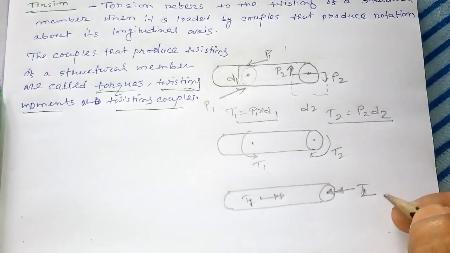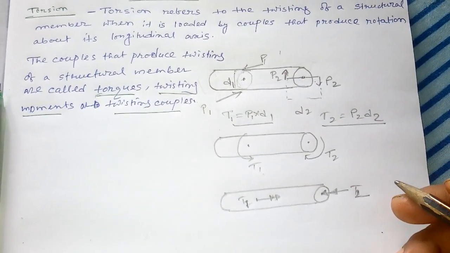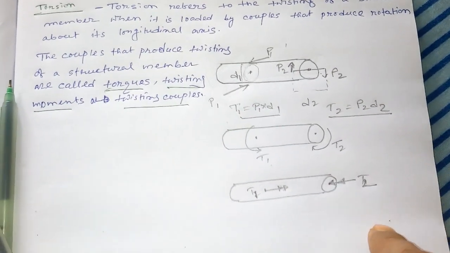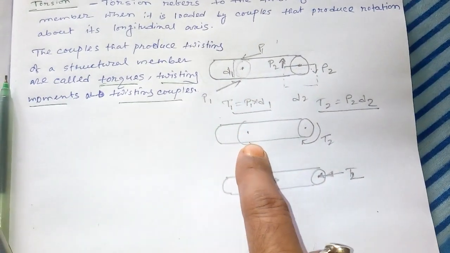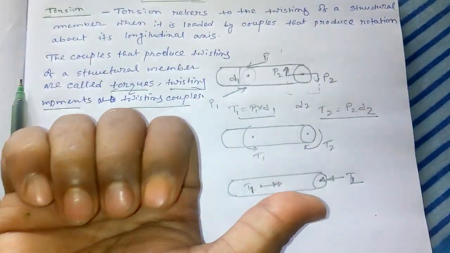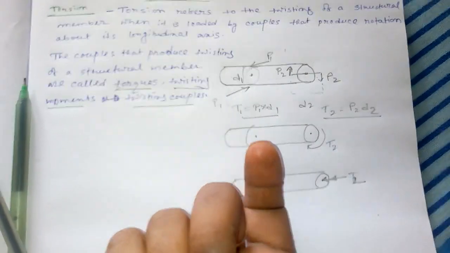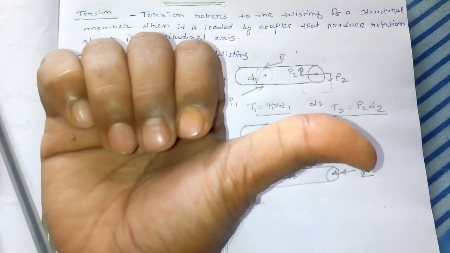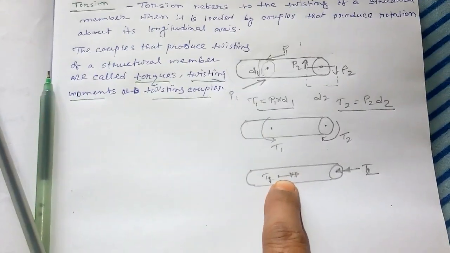We can indicate this with the double-headed arrow using the right hand rule for moment vectors. Suppose for this moment we indicate with the right hand, then this gives the anti-clockwise moment. If we indicate with the right hand like this, this indicates the anti-clockwise movement, and our thumb is in this direction, so our moment vector will indicate this direction.